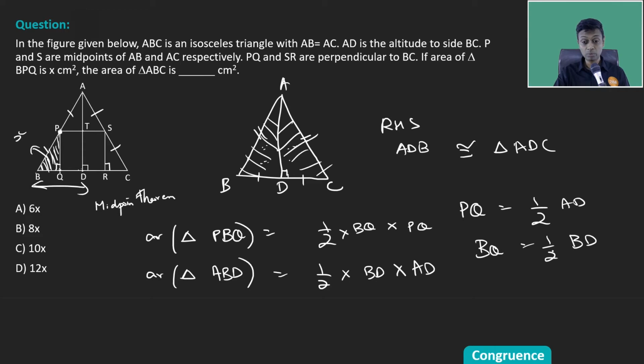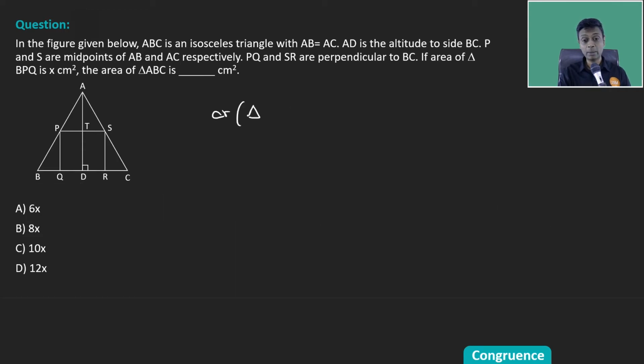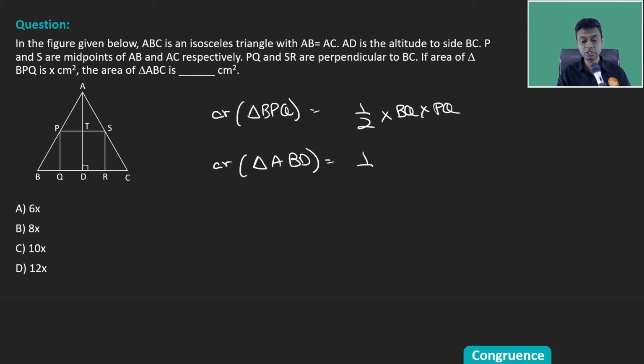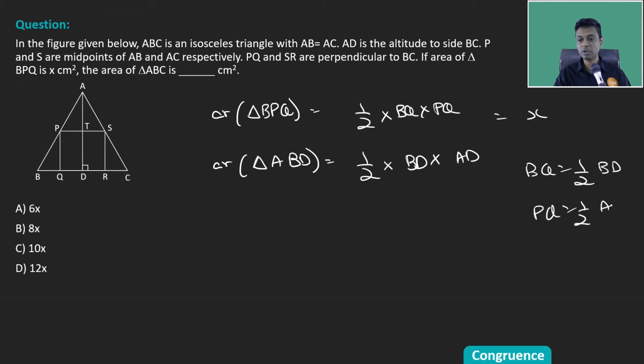Wonderful. So we know the area of triangle BPQ is half into BQ into PQ. We know the area of triangle ABD is half into BD into AD. This is x. BQ is half of BD and PQ is half of AD, or BD is 2 times BQ, AD is 2 times PQ.